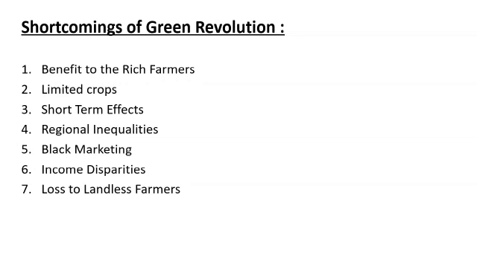Due to the adoption of advanced technology on big farms, the demand for laborers reduced. As a result, landless laborers remained unemployed. In fact, the Green Revolution proves beneficial only when all the states, all the crops, and all the farmers are able to get the benefit from this revolution.